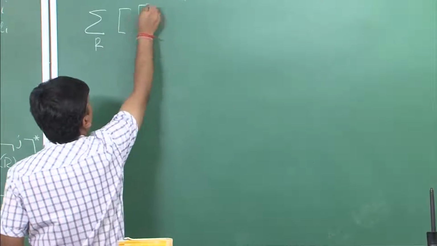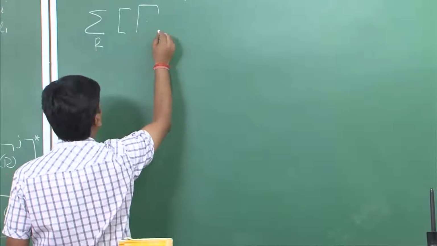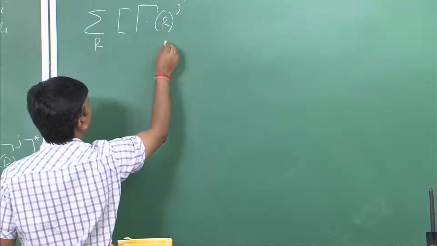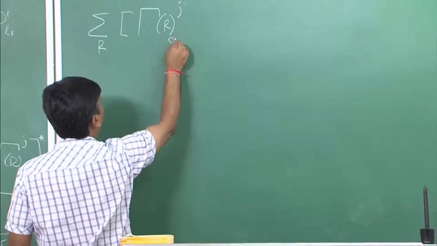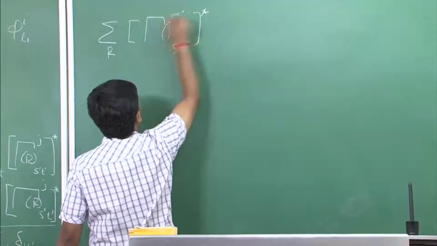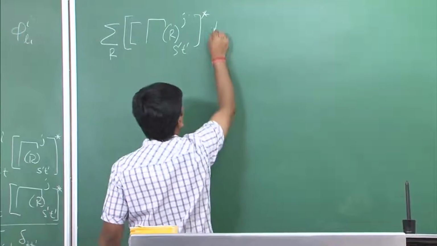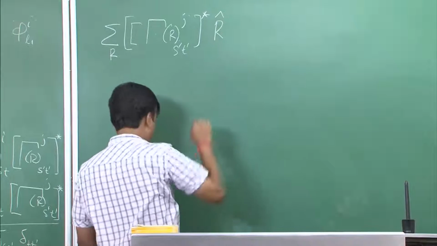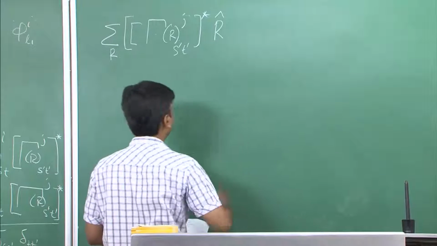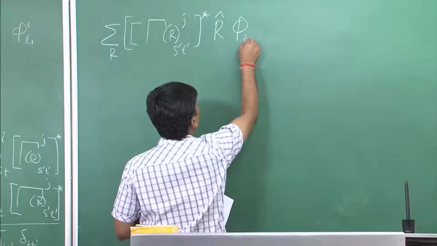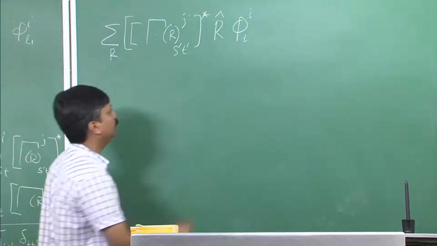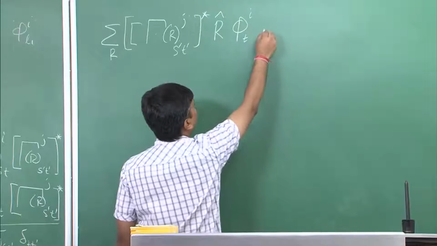I have gamma of r for the jth irreducible representation having elements s prime t prime, multiplied by the operation r and acting on phi t forming basis for the ith irreducible representation.